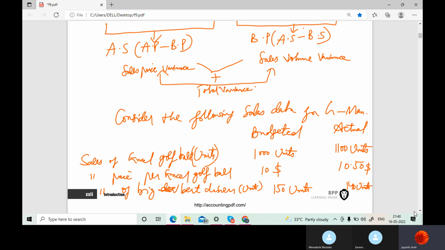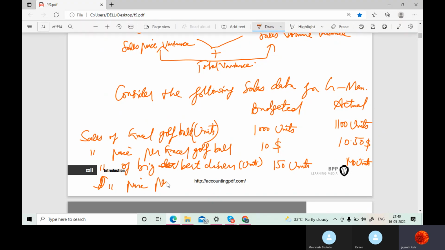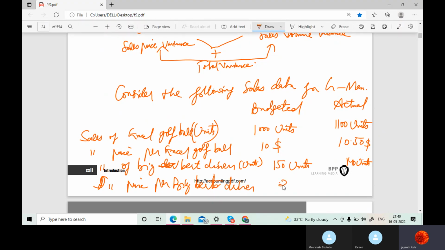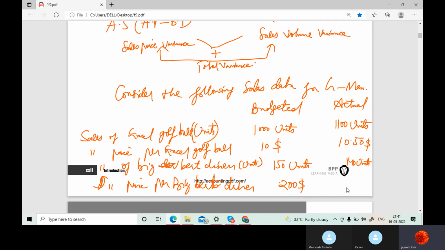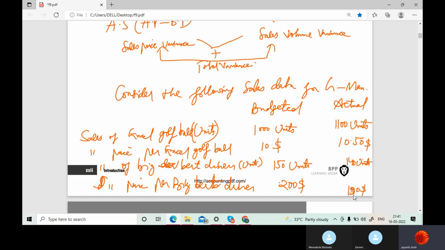You have to do variance for both the companies separately. Sales price per Big Bird driver: $200 and $190. So please solve this. I'm just waiting. Any doubts you can ask.